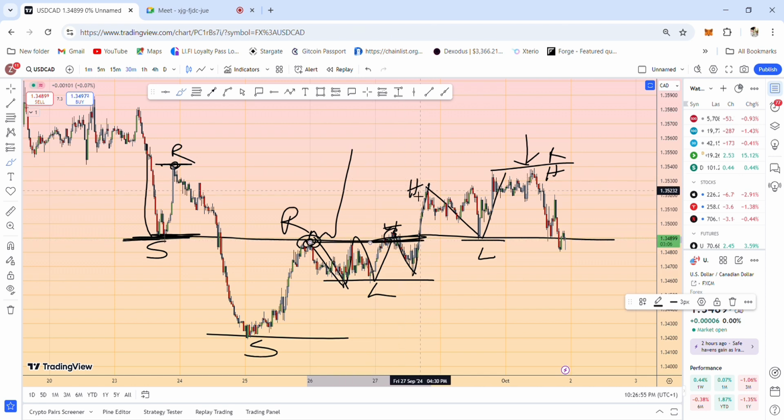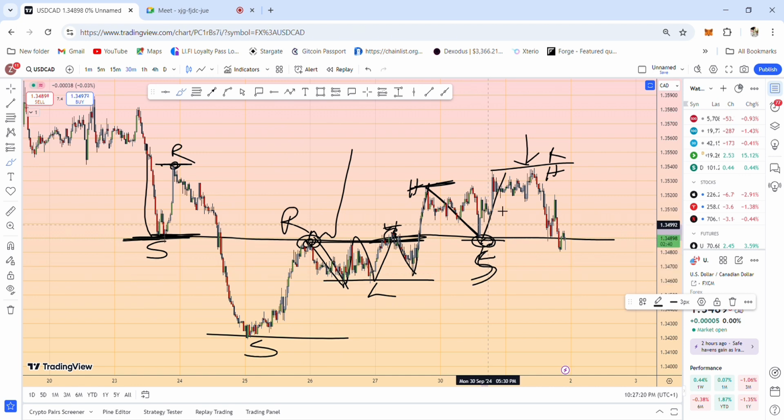After breaking out, it created another high here, and price got rejected from that high down to create this low. At that low, price was accepted. Now this support is acting as support here. So we have support, we have resistance, we have support, right?